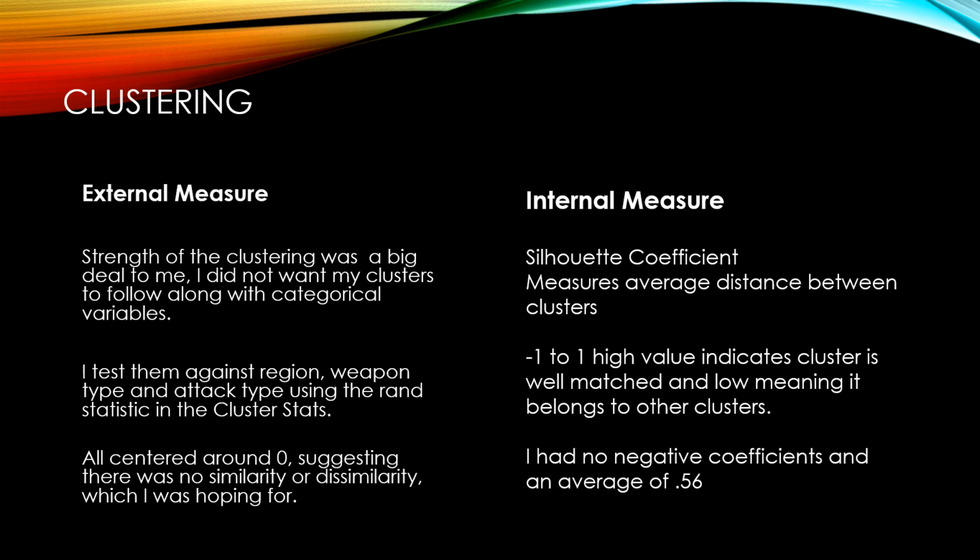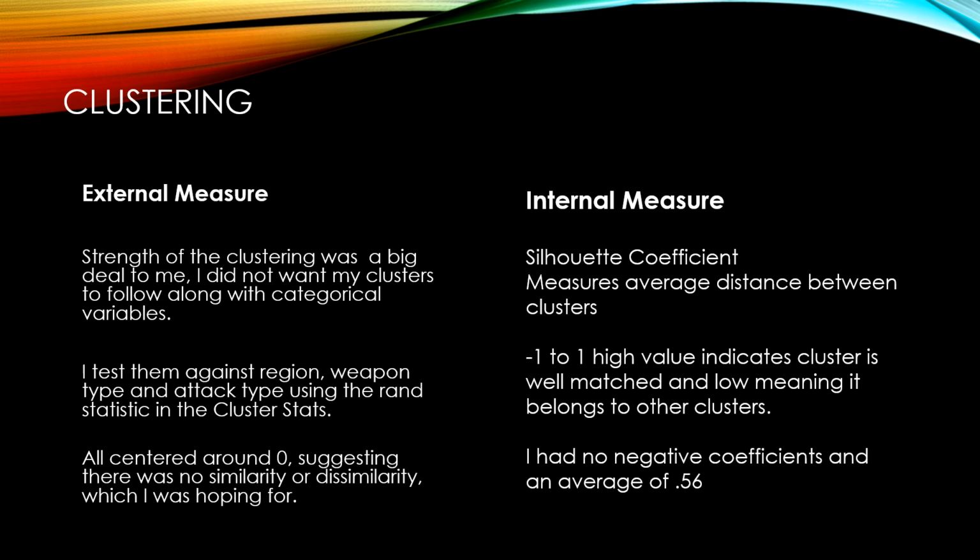And what I found with the region, my weapon type, and attack type was that all of them have a RAND statistic of 0, suggesting that there was really no similarity or dissimilarity between them, which is basically what I was hoping for. The next one is the internal measure, which is the silhouette coefficient. So this measures the average distance between clusters.